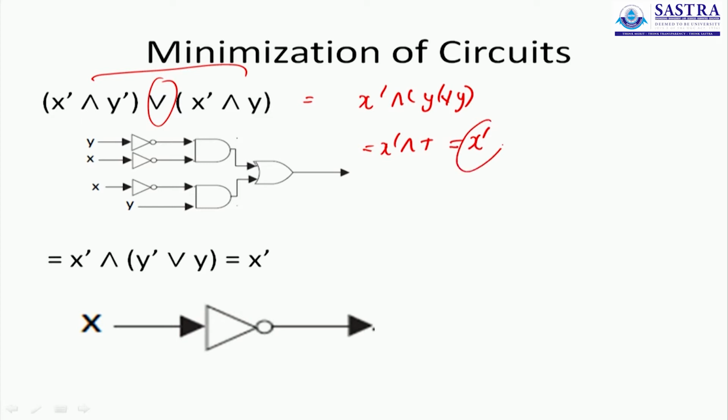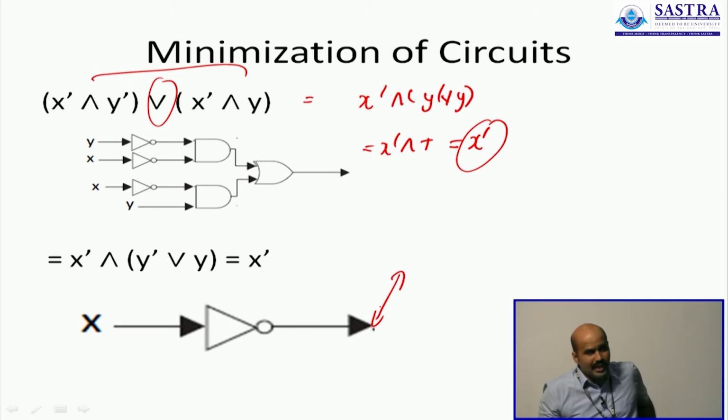But x bar can directly be replaced by only one arrow. x goes inside the negator, x gets flipped, x bar is let out. So what was a complex polynomial, which involved two disjunctions, two conjunctions and one disjunction, can be replaced by a very simple circuit like this. And that's where efficiency comes in. Efficiency comes in not only if you are able to design circuits, but your design should also be efficient.